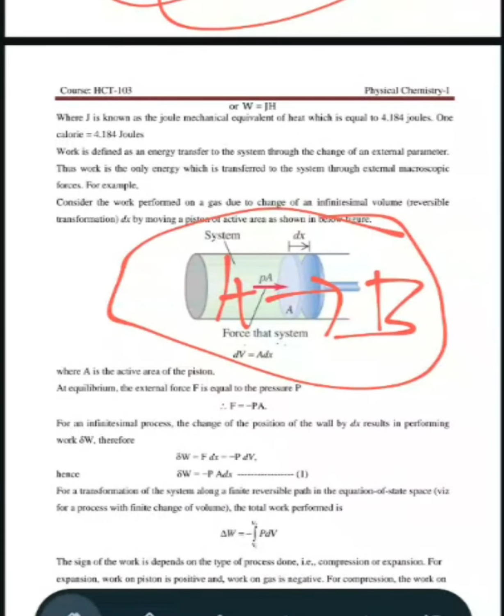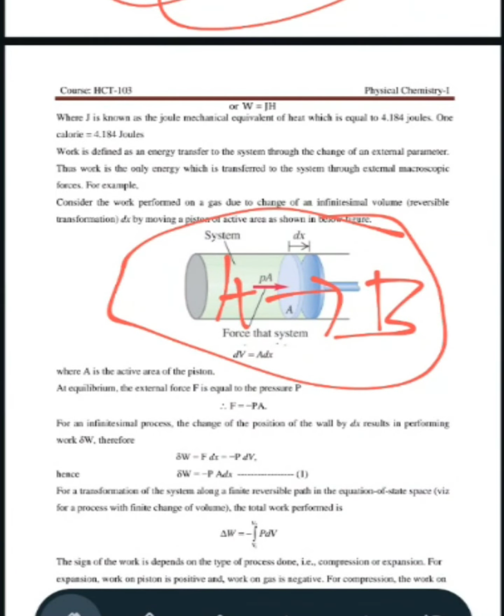So when the reaction is completed, the heat will be produced. So work is proportional to the heat produced. J is known as the joule mechanical equivalent, and for one equivalent, 1 calorie is equal to 4.184 joules.